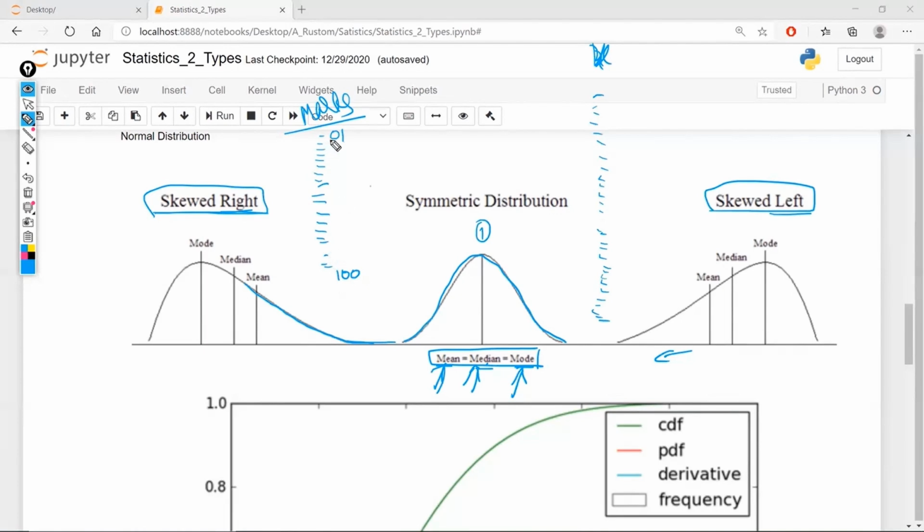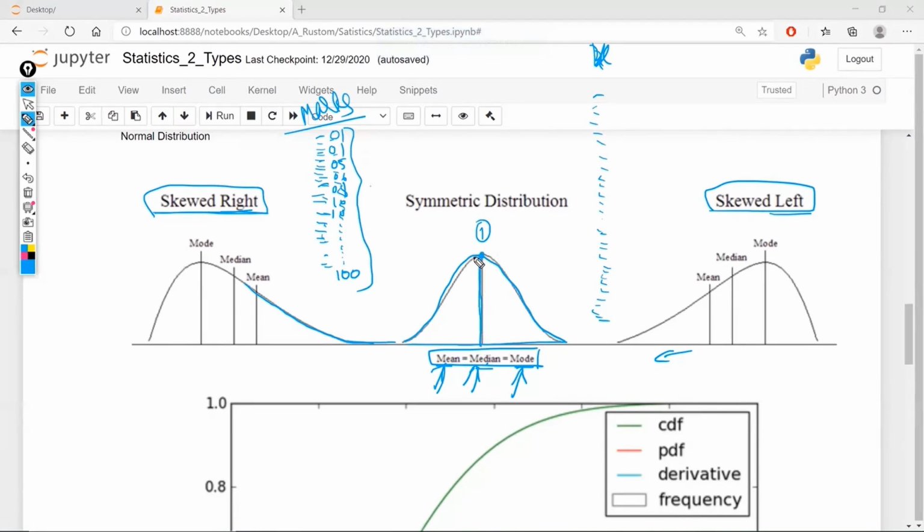If I take all these data points and plot them, a symmetric distribution looks like this. The average, the mean, will be somewhere here.